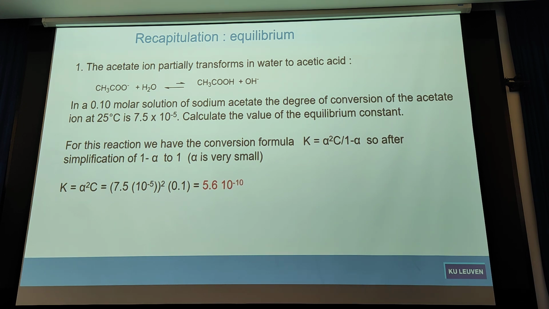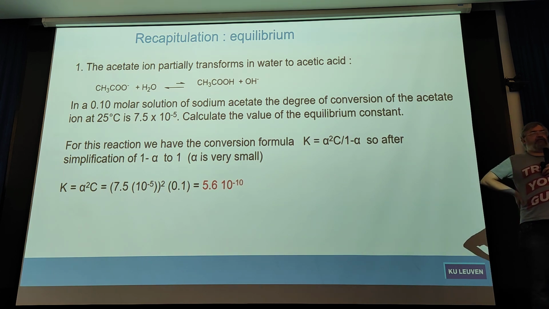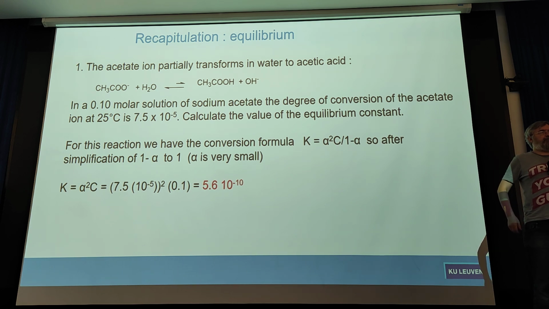The water is not taken into account, it's a solvent. The concentration after the reaction of the acetate is (1 minus alpha) C. And the concentration of both acetic acid and hydroxide is the same, it's alpha multiplied by concentration.